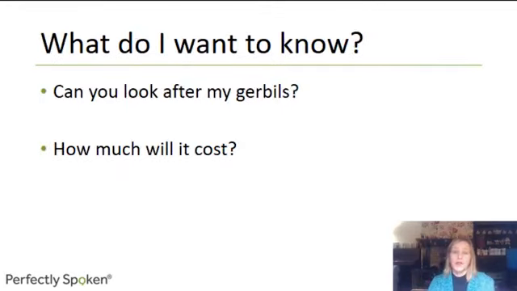Okay, so what do I want to know when I write this email? What do I want to know? I want to know two things. One, can you look after my gerbils? And two, how much will it cost? What's the price? How much money? Okay. Now, obviously, I can't just write an email going, can you look after my gerbils?